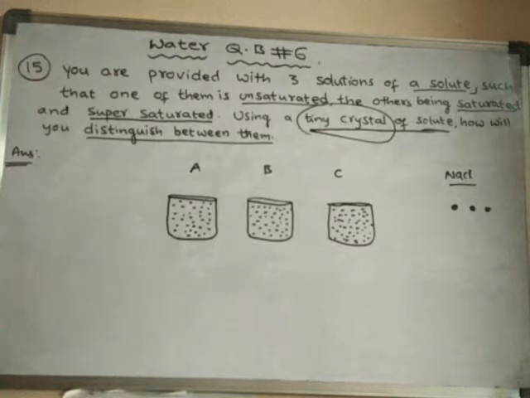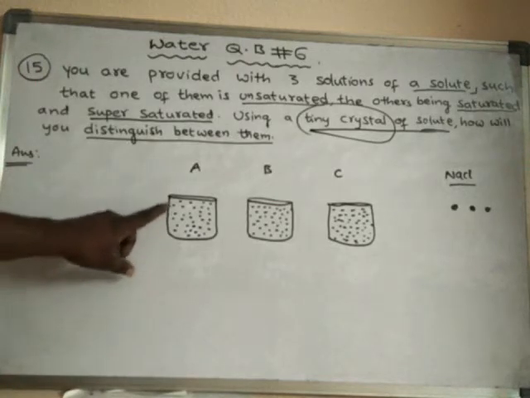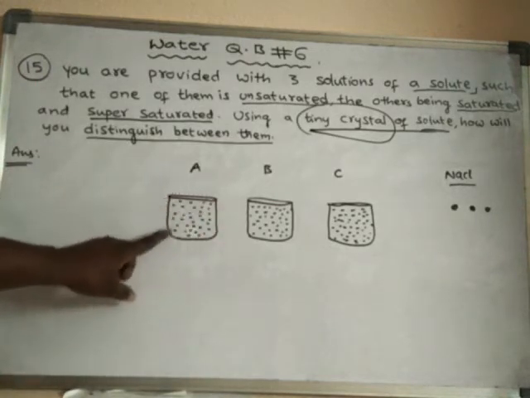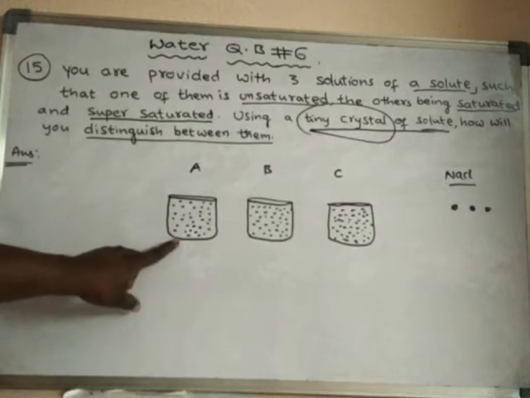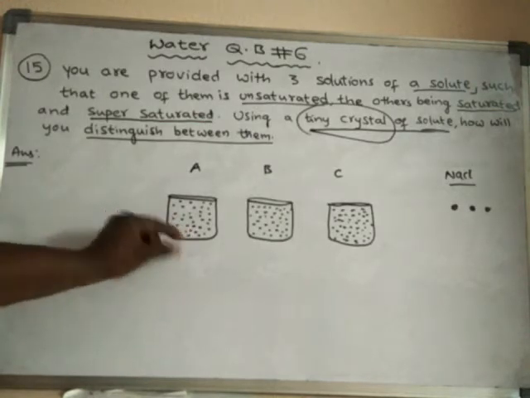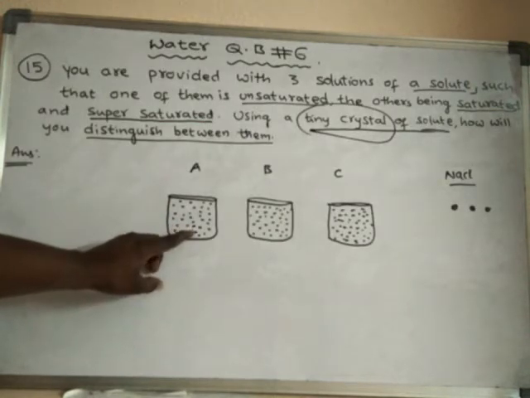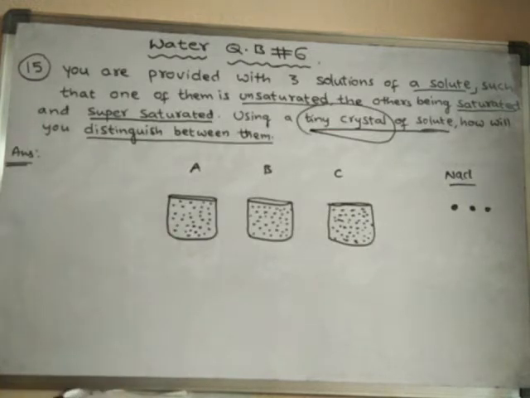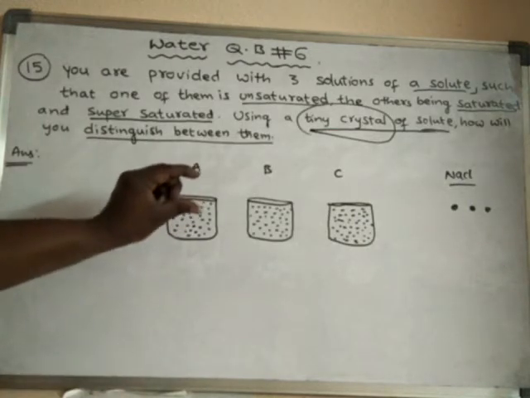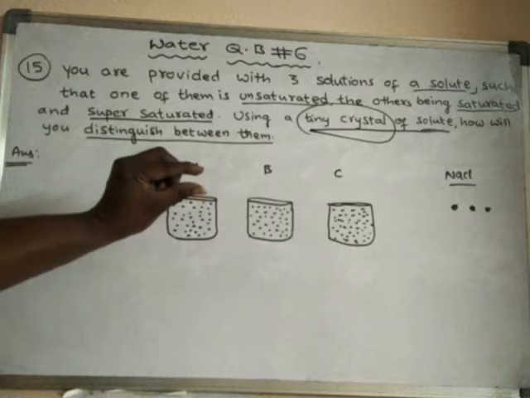An unsaturated solution can take some more solute into it, because after addition of a small crystal, that crystal has disappeared, or that crystal has decreased its size.